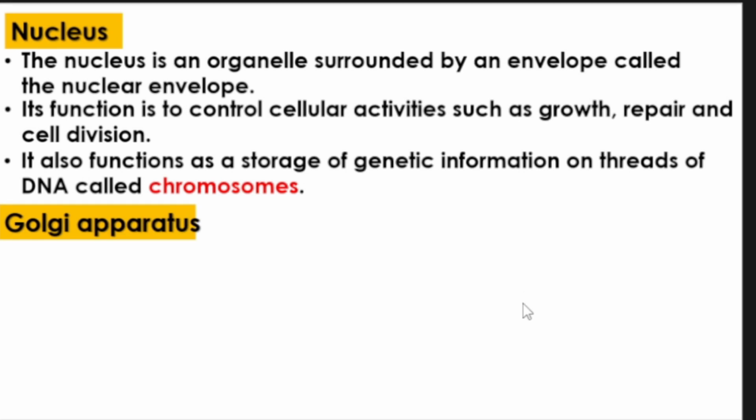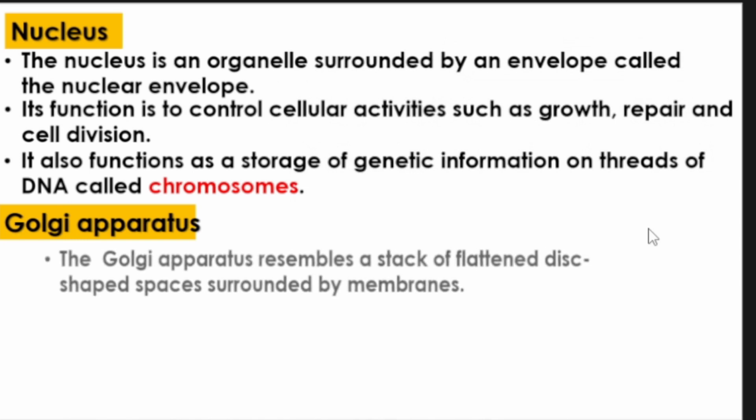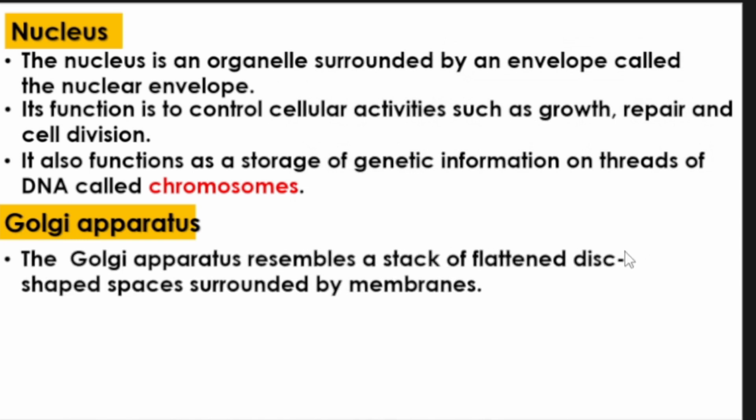These are like discs that have been flattened, a stack of them stuck together and surrounded by membrane. That's what the Golgi body is by description, and that's how it looks.